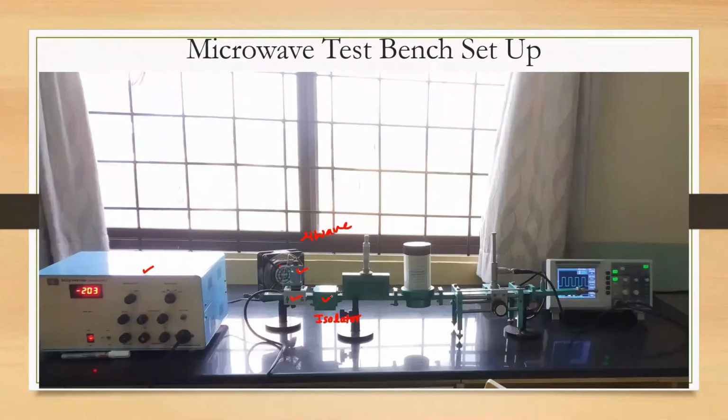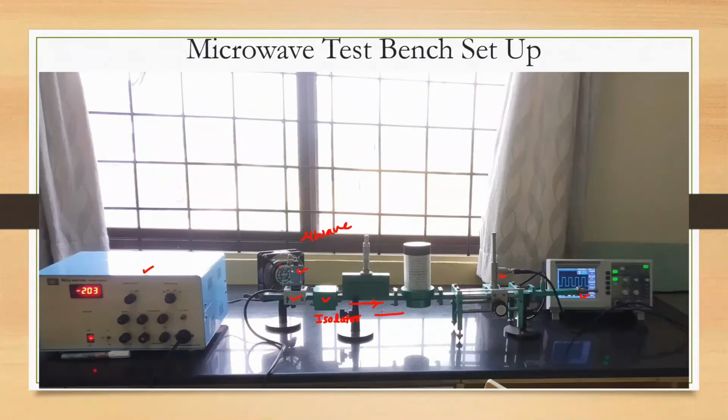It is the isolator which isolates the source from the reflected signals. That is, when the microwave signal is generated, it is transmitted through the setup. If the load end or termination is not matched, these are two terminations or loads we can connect anywhere depending on the application, then reflections will occur.